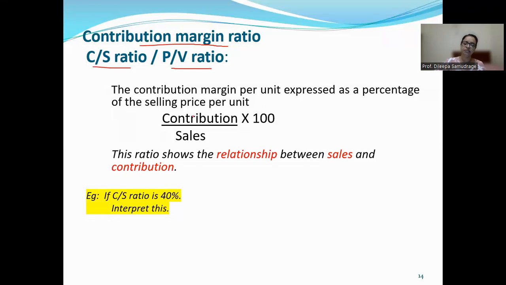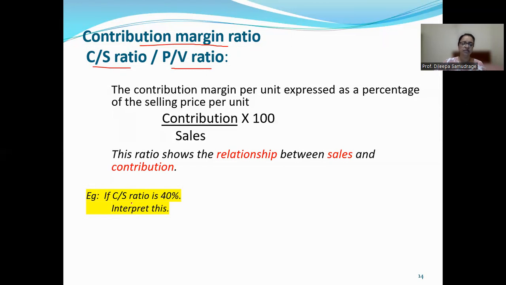So contribution divided by sales into 100, or contribution per unit divided by selling price per unit into 100. This ratio shows the relationship between sales and contribution.